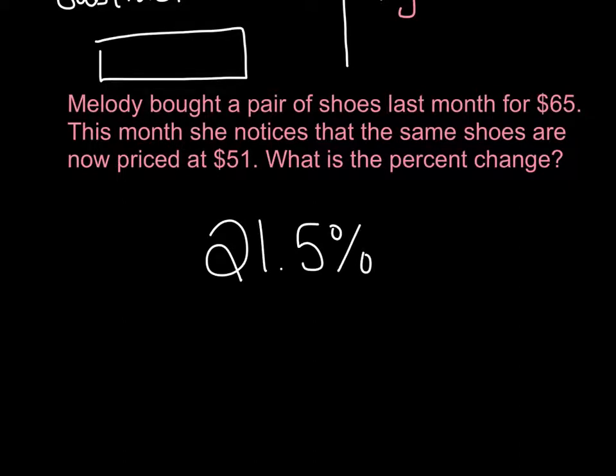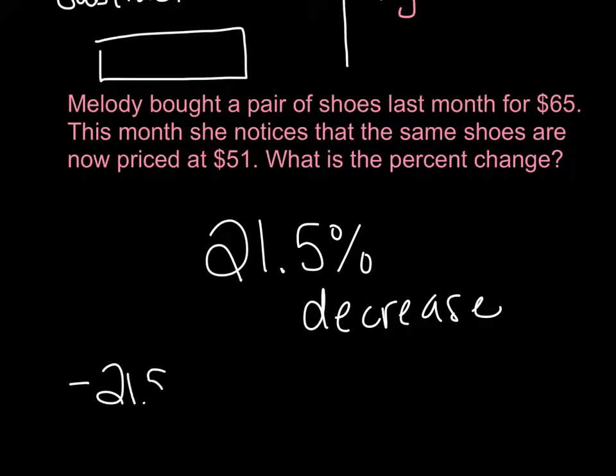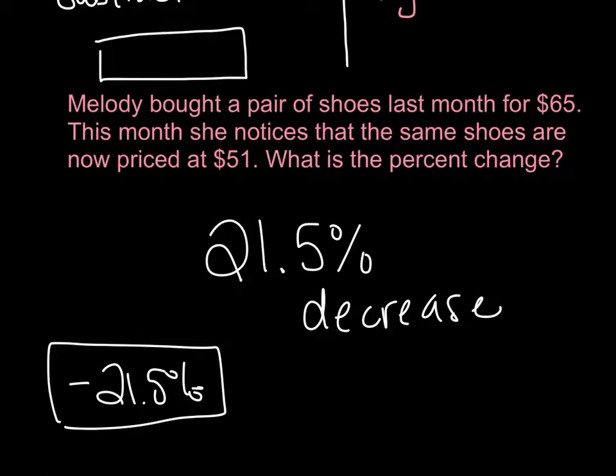Okay, we can round that to 21.5 because the number after the 5 is a 3. It's less than 5. All right, so it's going to stay the same. So 21.5%, and we're going to indicate that that's a percent decrease. Okay, the other way we could say that is just negative 21.5%. That would indicate to me that it is, in fact, a percent decrease.